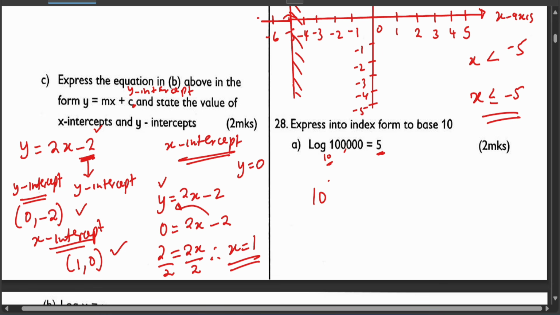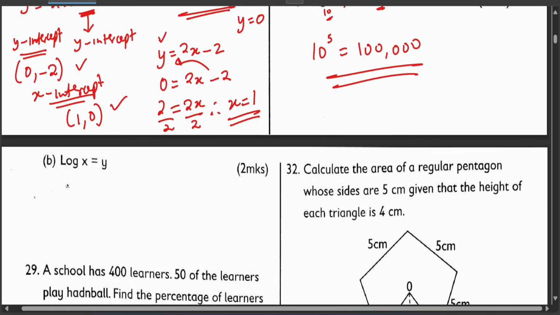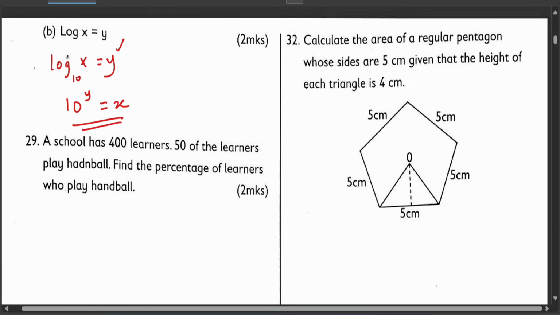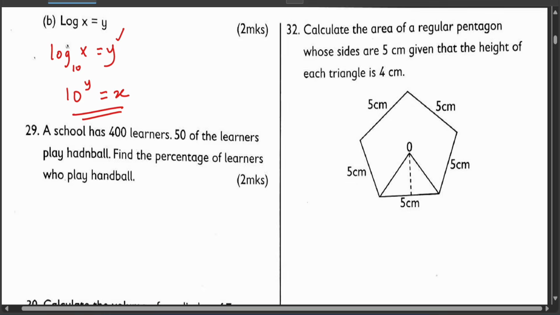So you will write 10 power 5 is equal to 100,000. So that's it, you have expressed it. Log x equal to y, the same, its base is 10. So you will write 10 power y is equal to x. These are free marks. Questions like these you would get in form 2.